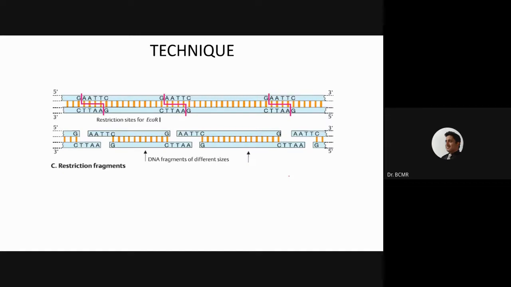If you are aware of restriction endonucleases from the previous chapter, I hope you remember that they are endonucleases, which means they will cut the DNA in between like this. And usually they are sequence specific.